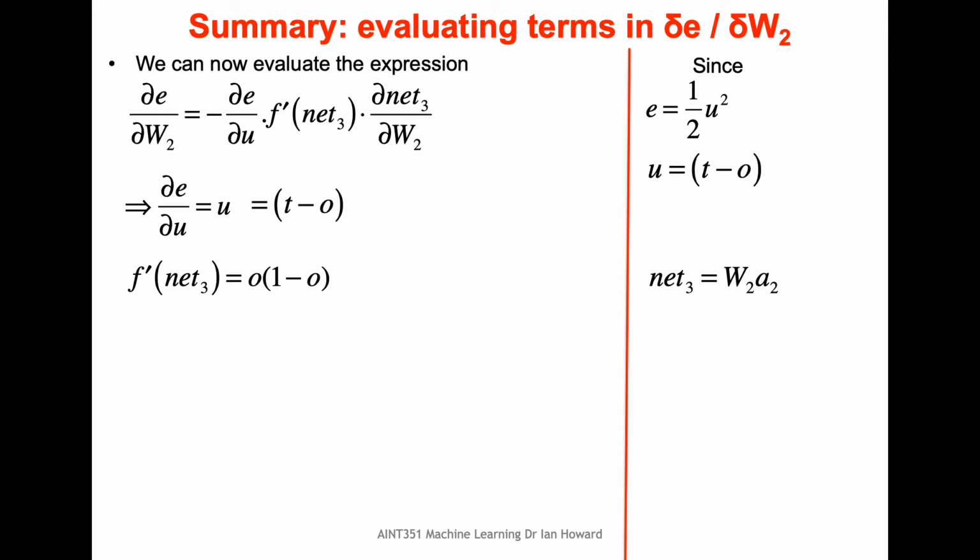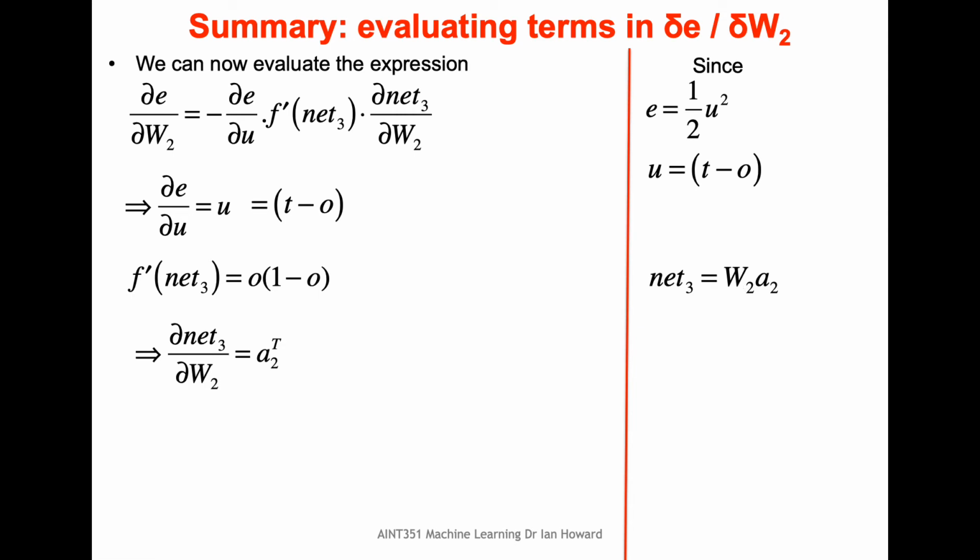We also know that net3 is given by, and this is now tackling the derivative of net3 with respect to W2, this term here. We know that net3, the linear part of the network, is given by its input multiplied by its weight matrix, so that's going to be W2 times A2.